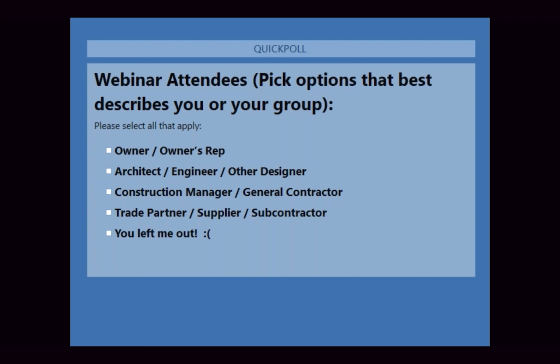A trade partner, supplier, or subcontractor, check that box. Or if you feel that I left you out, maybe you're a building official, maybe you're a lean coach, you can check that box. And if you feel like one or two of these actually best describe you, feel free to check more than one box. So let's take a minute to do this poll, and Eileen will show us the results.